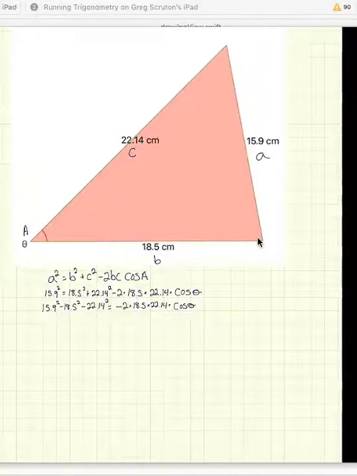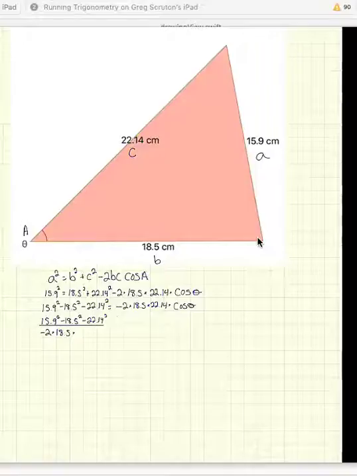And that gives us 15.9 squared, take away 18.5 squared, take away 22.14 squared, all divided by negative 2 times 18.5 times 22.14, and that is equal to the cosine of A.